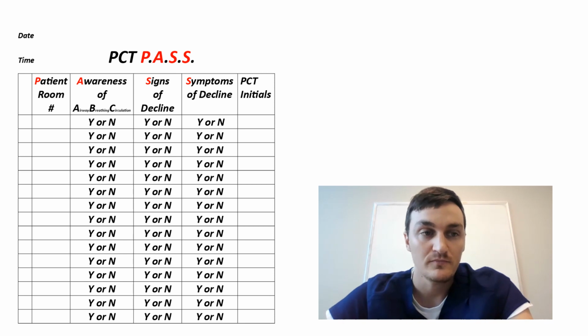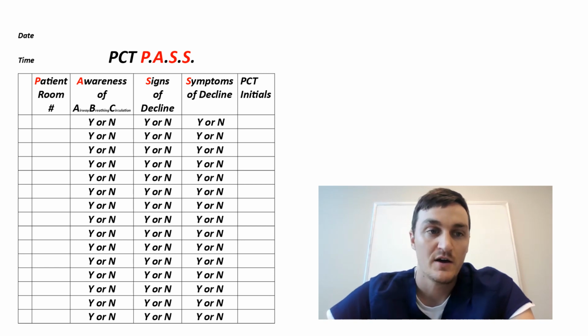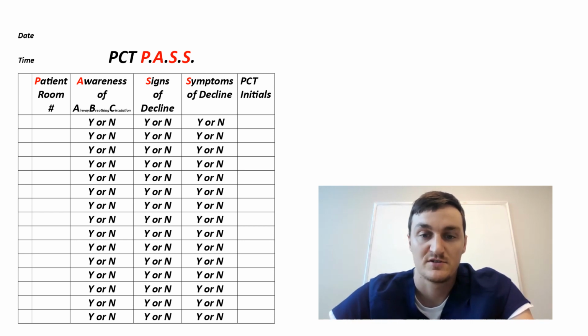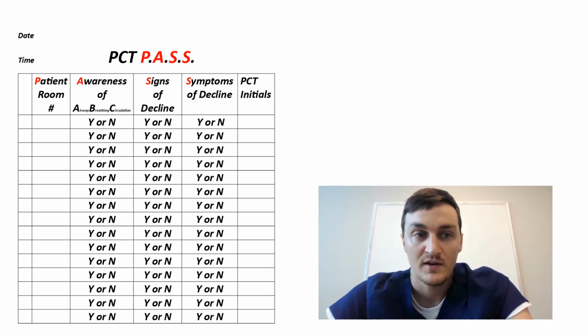After you understand your patients, where their room is and why they're there, that's going to help you see the signs and symptoms, or potential signs and symptoms, that are going to cause them to deteriorate.